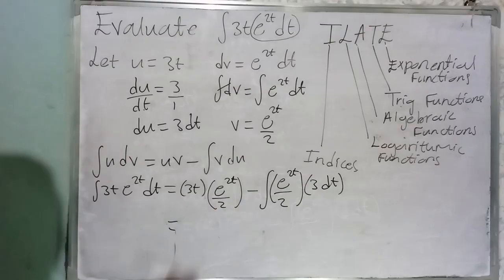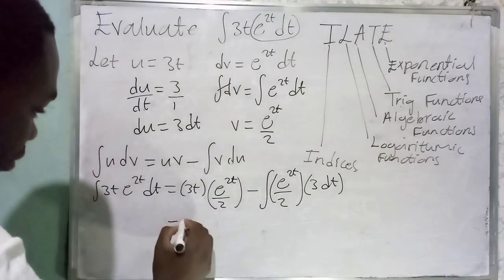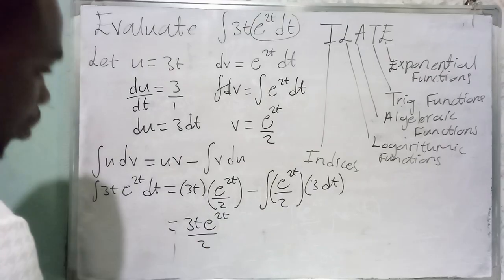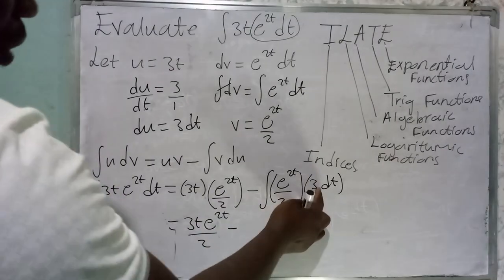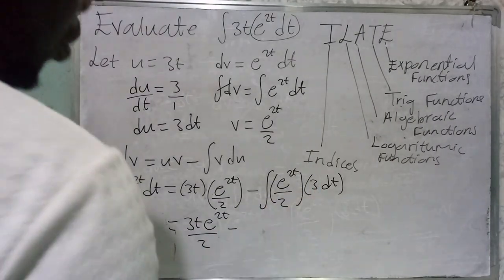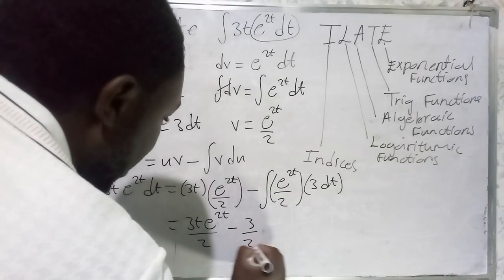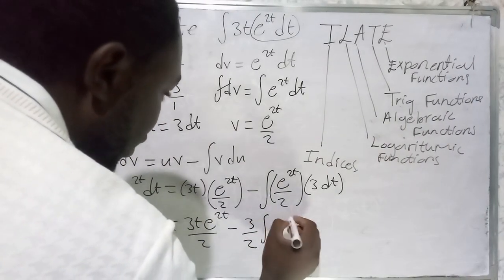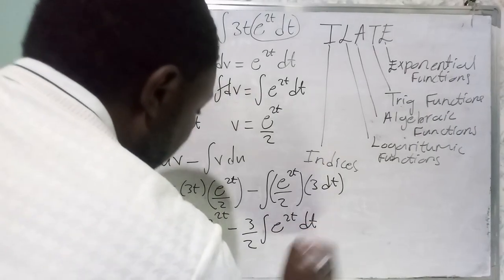Next step, we multiply and simplify. So 3t times e to the power 2t gives 3t e to the power 2t over 2. Then minus, on this side we have constants: on the numerator a 3, on the denominator a 2. Then we have the integral of e to the power 2t dt.